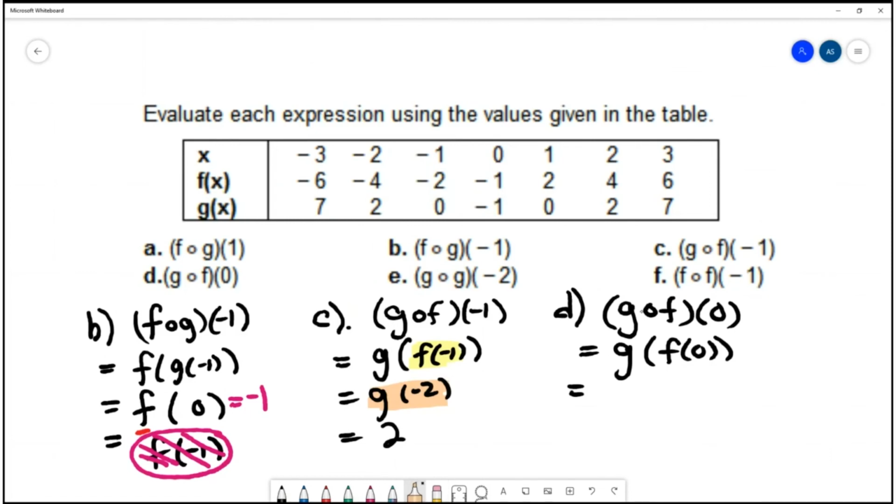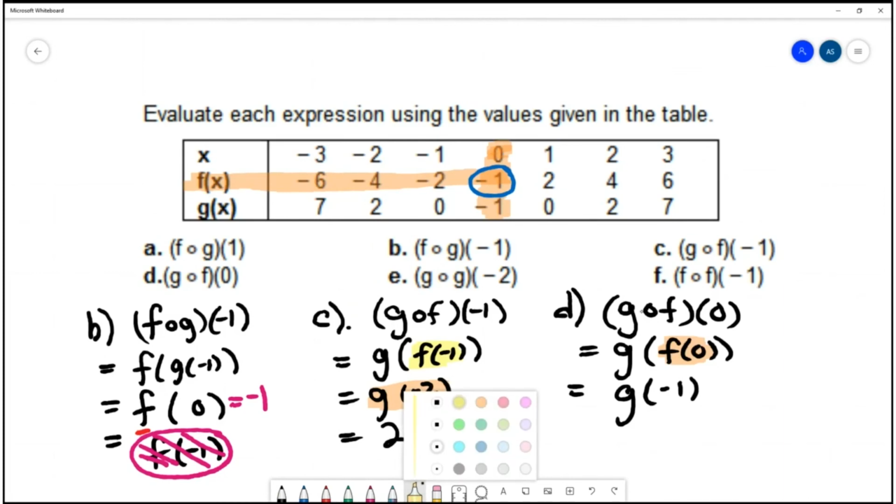Let's find f of 0. So I'm looking where x is 0, and also looking where I have f. So my y value is -1. So now I have g of -1. Here's where my x is -1, and g is this row. So g of -1 is 0.